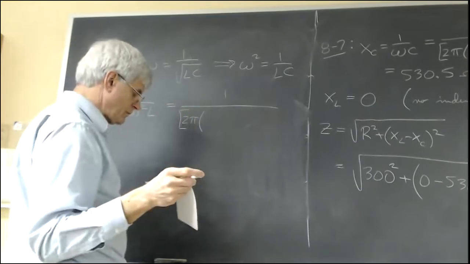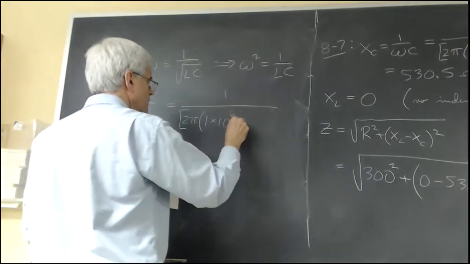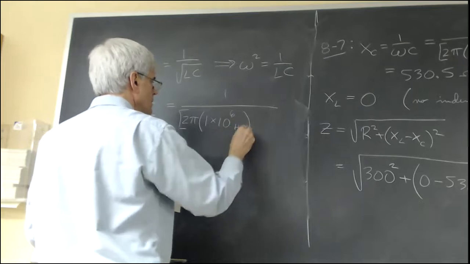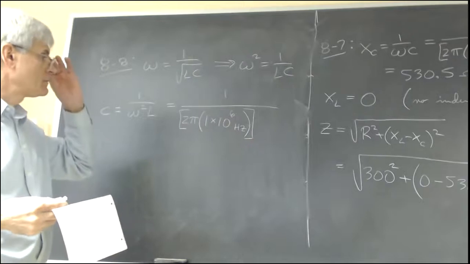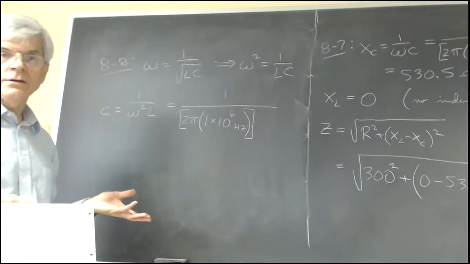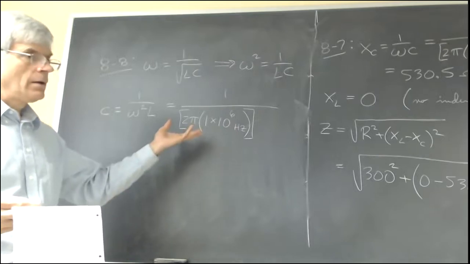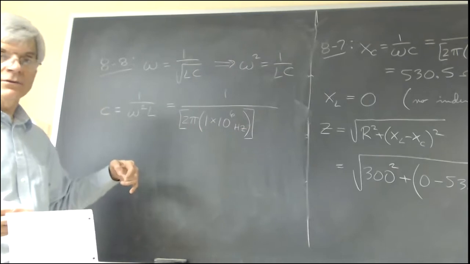the desired frequency is 1 times 10 to the 6th hertz, which incidentally is right in the middle of the AM band. AM stations give their frequency based in kilohertz. So this would be 1,000 kilohertz.